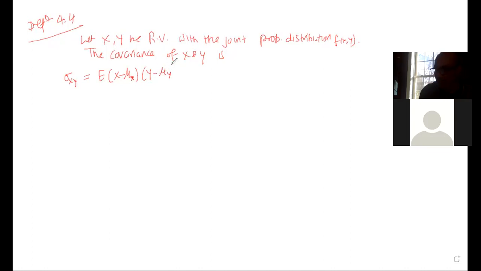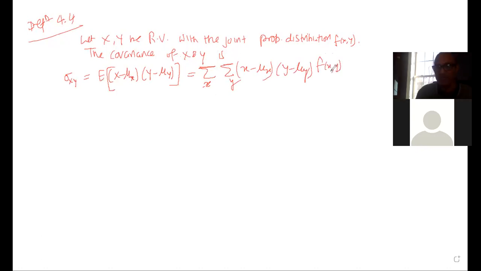And that is equal to, because we now have two axes, x and y, two summation indices: one along x, the second along y. So here it is x minus nu of x, second part is y minus nu of y, and my function f not of x alone but of x and y. This is possible when x and y both are discrete.